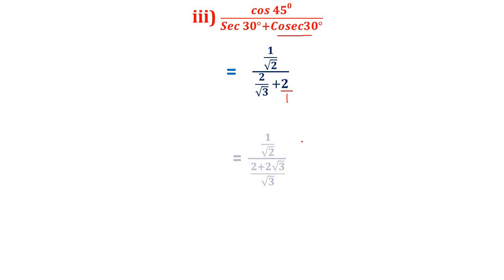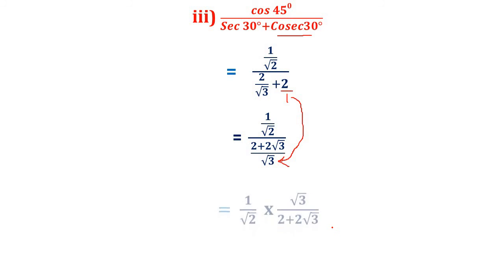Let us simplify. That is equal to, numerator is as it is, 1 by root 2. Here the LCM of root 3 and 1 is root 3. Root 3, 1s are root 3. 1 into 2 is 2. Plus 1 root 3 is a root 3. Root 3 into 2 is 2 root 3. So which is equal to 1 by root 2 into, we can take the reciprocal.